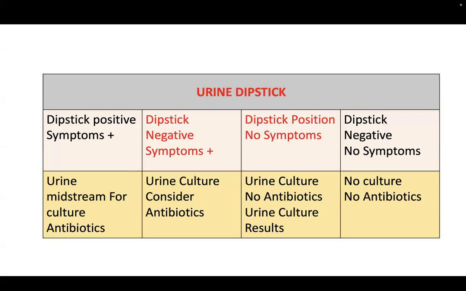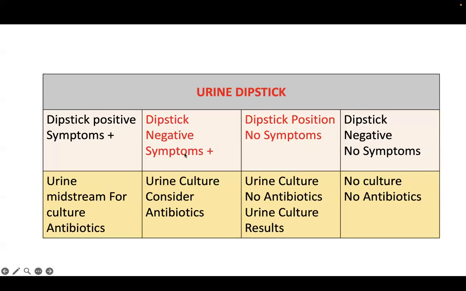Okay, you are welcome. So if the patient has symptoms of UTI and we find urine dipstick positive, what will we do? We will send urine for culture and start antibiotic. We will prescribe antibiotic pending culture report. This is what NICE said. If the patient has symptoms but dipstick is negative, then what will we do?